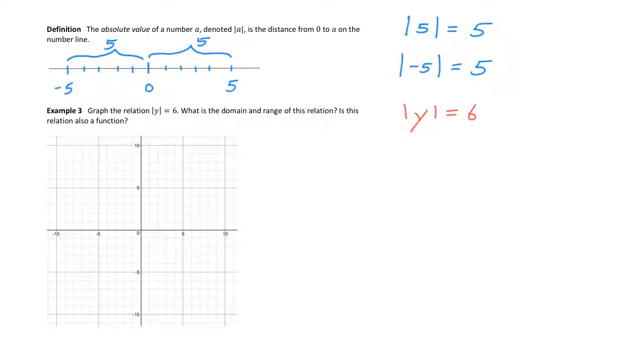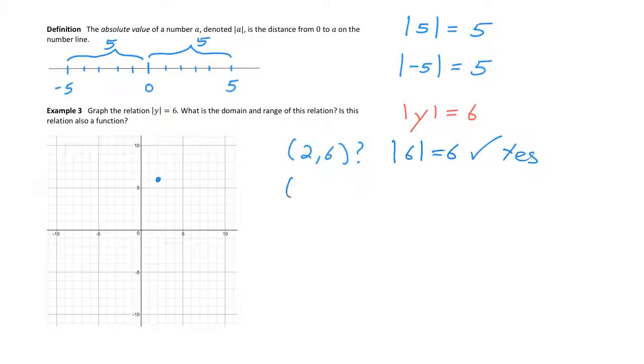Does the point 2, 6 work in this relation? 2 goes in place of the x's, there aren't any. 6 goes in place of the y, which I'll put right here. And does it make this a true statement? Is the absolute value of 6 equal to 6? And the answer is yes. Therefore, I know the point 2, 6 is on this relation.